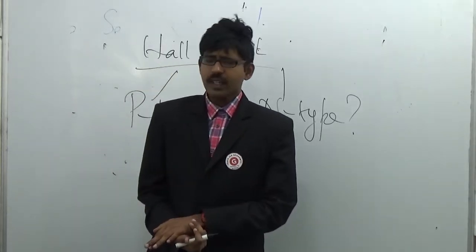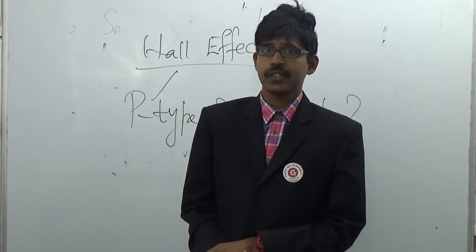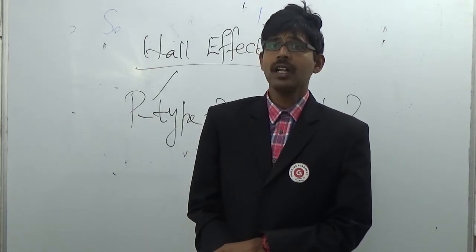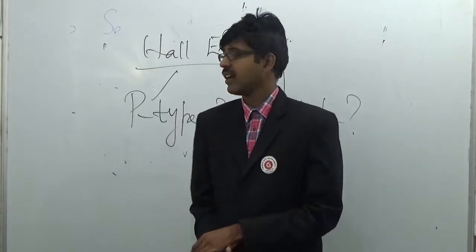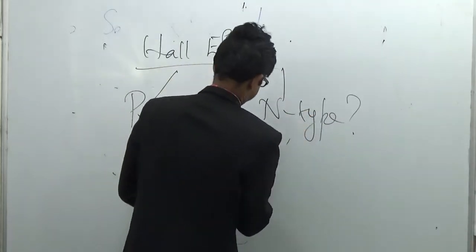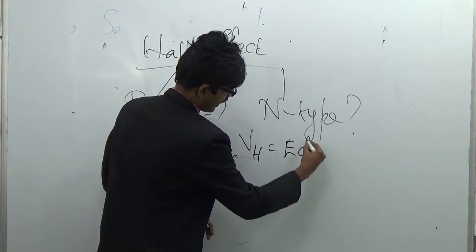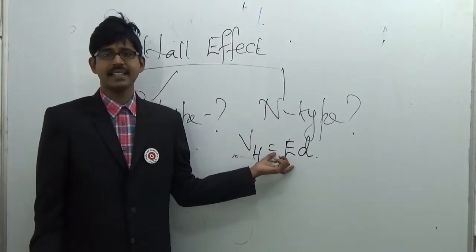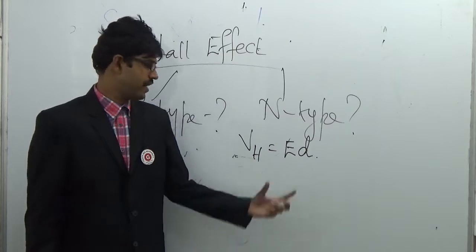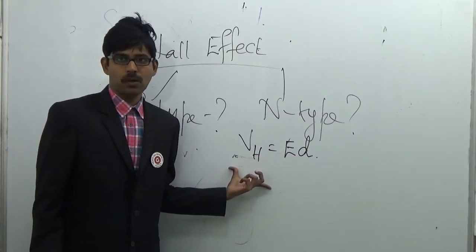Now, for finding whether the material is p-type or n-type, you need to calculate the Hall voltage, which is given by VH, which is calculated by the amount of electric field applied and the displacement. E times d will give you the Hall voltage.